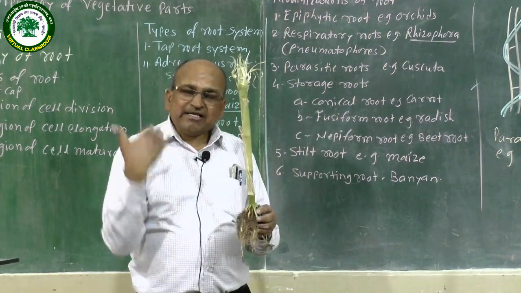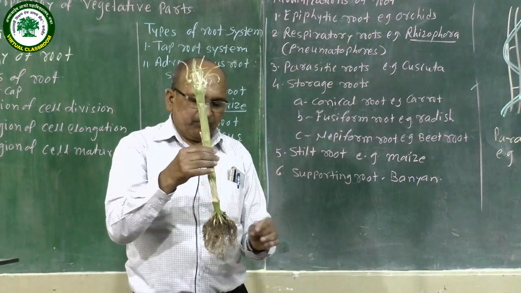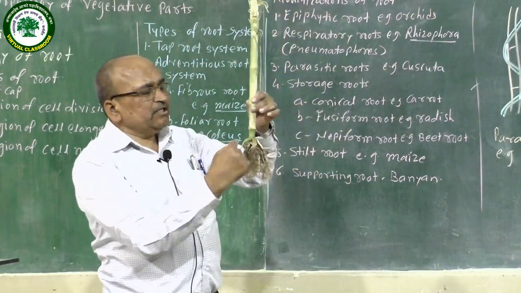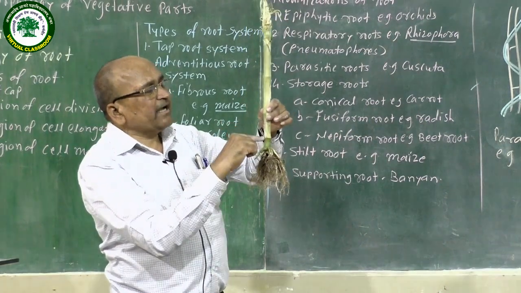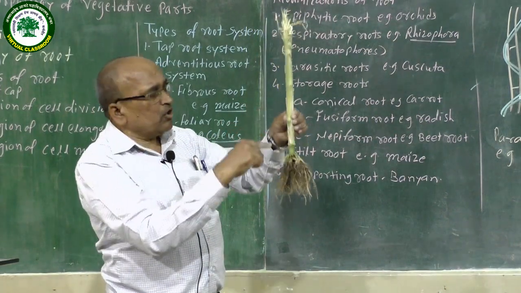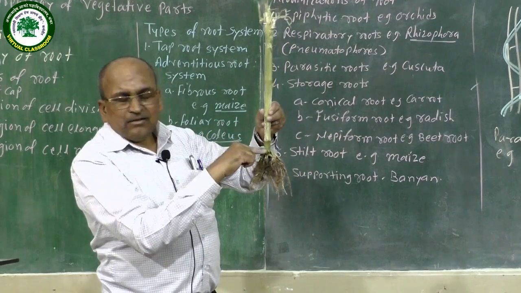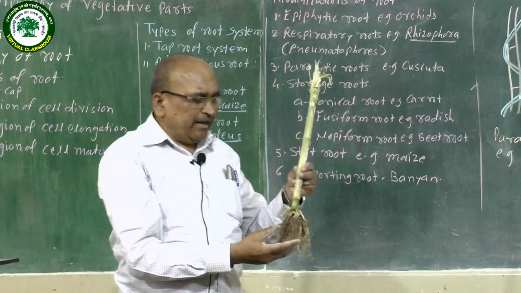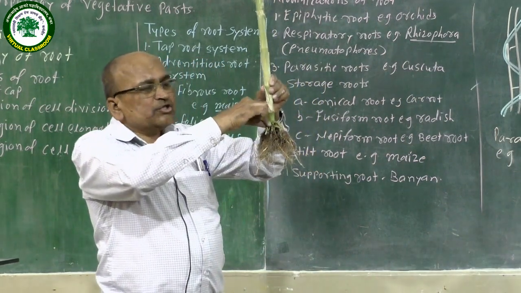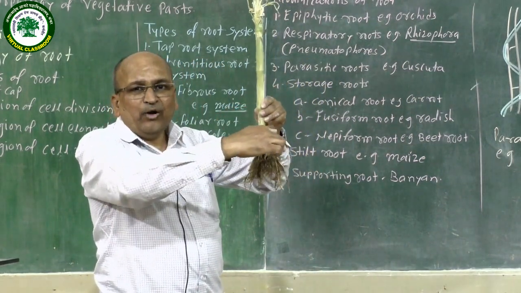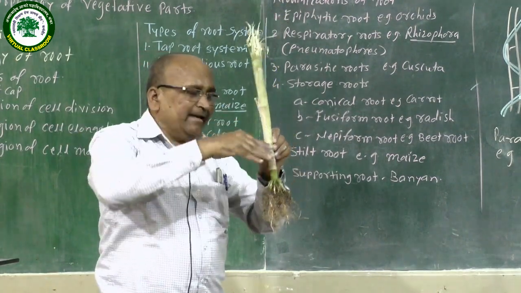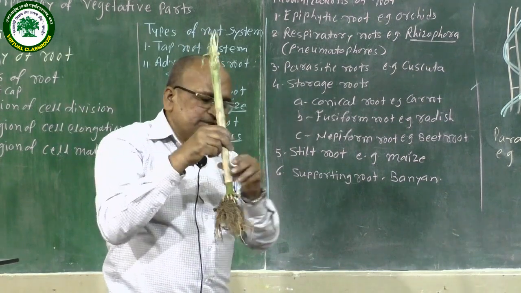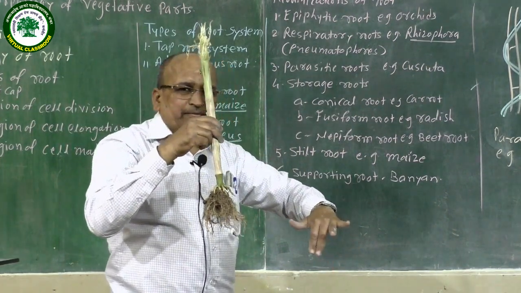So to give additional support to the plant body, from the lower nodal region, the first node, second node, third node, fourth node, from the basal nodes, some additional roots develop and grow obliquely or slanting in position, and they grow up to the soil.